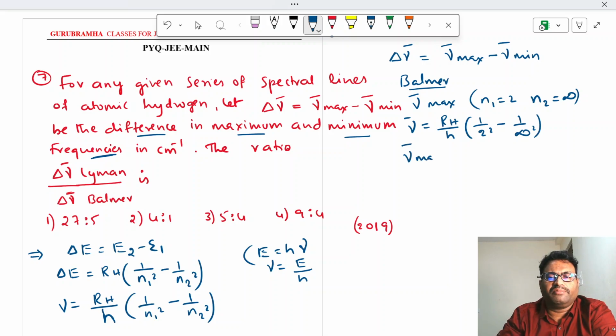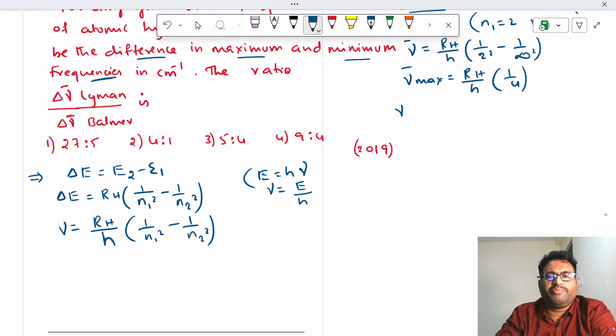So the maximum will be equal to RH by h into 1 by 4. Next, the minimum. Minimum means least energy, so least frequency. N1 is equal to 2, N2 is equal to 3. So the minimum will be equal to RH by h into 1 by 4 minus 1 by 9.